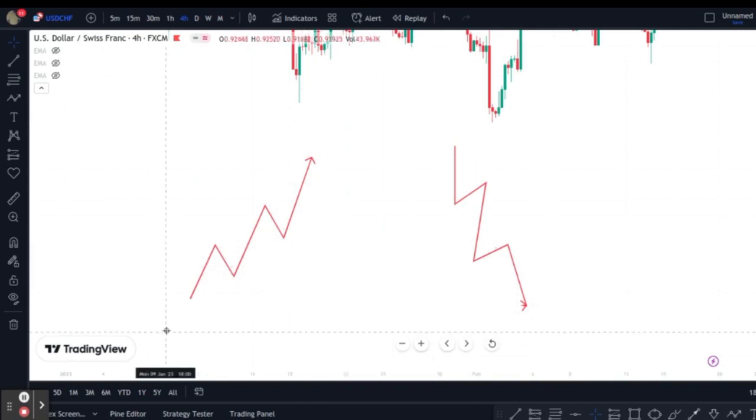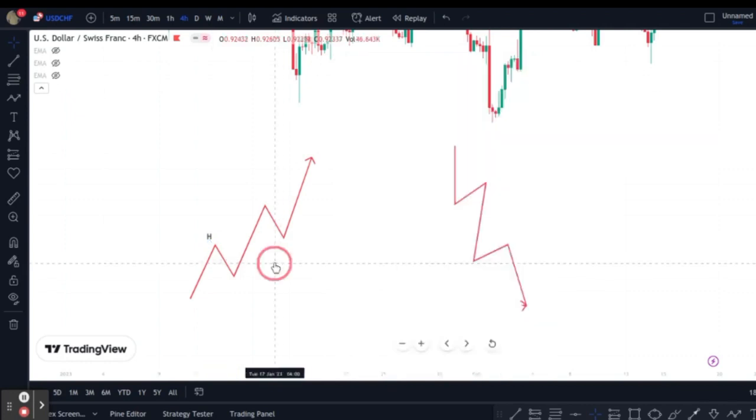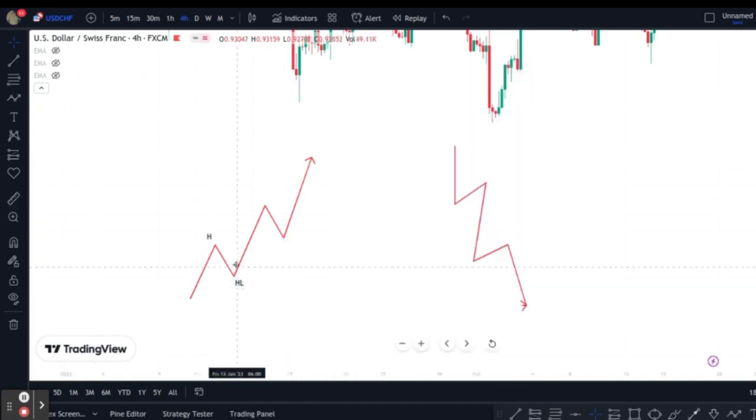So when the market is buying, it forms a high. Let's assume this is a high, which we represent by H. And when the market is retesting, like this retracement at this level, it forms a higher low. That is a higher low. You understand? So when the market forms a new high, that is a higher high.